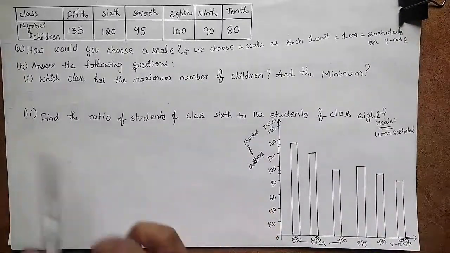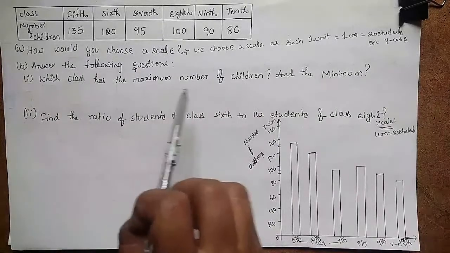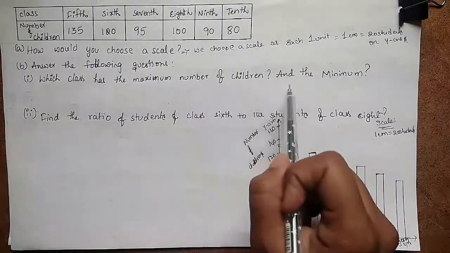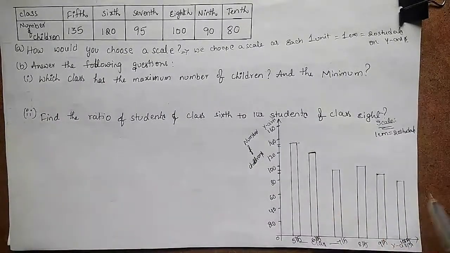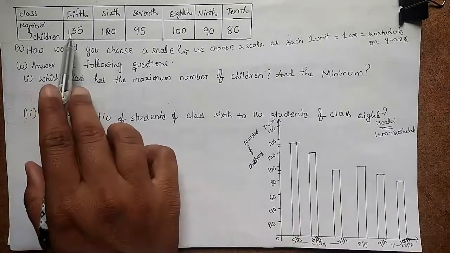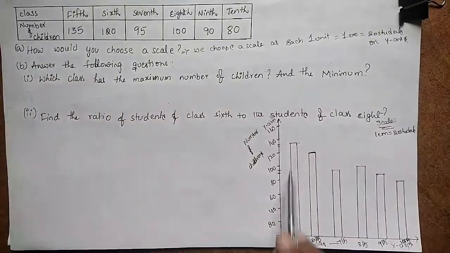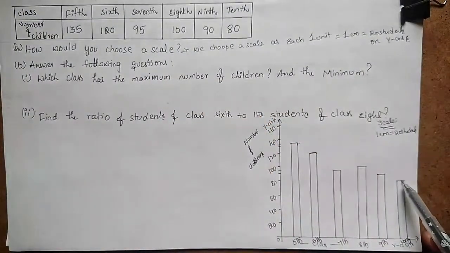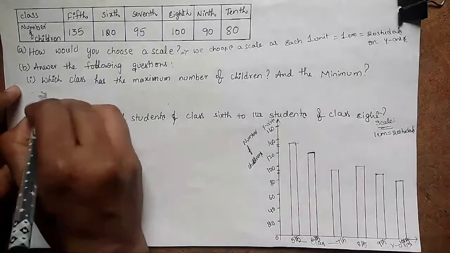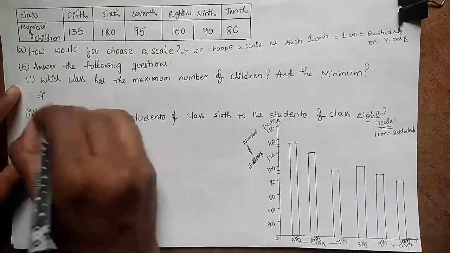Next, answer the following questions. Which class has the maximum number of children and which the minimum? Through the bar graph we can say this was the highest and this was the lowest. See here, in the table also, 5th is 135, so this was the highest, and 80 is the least. So the maximum is the 5th class.